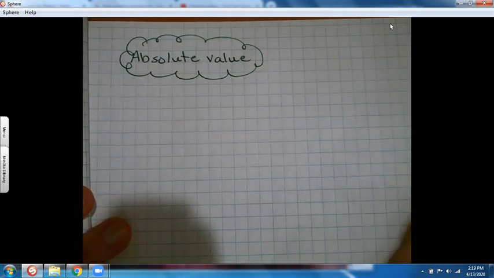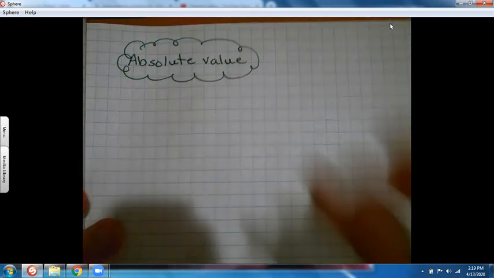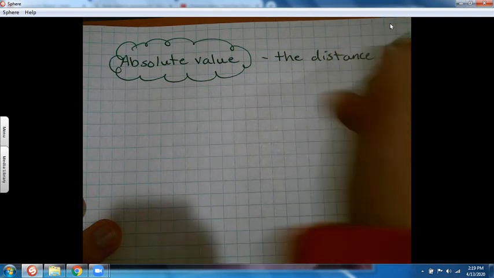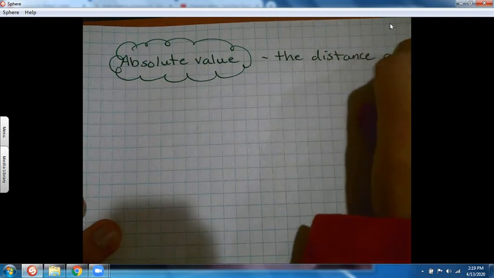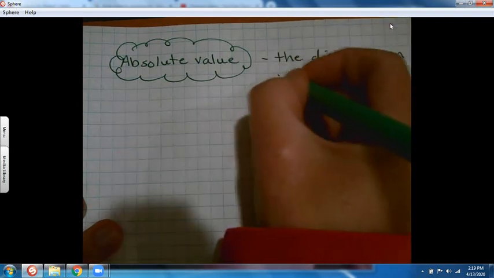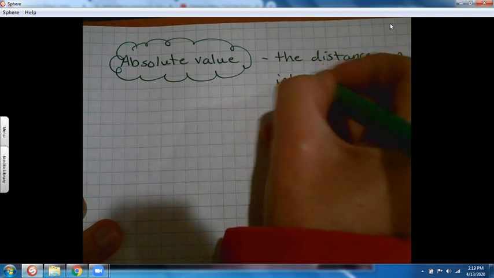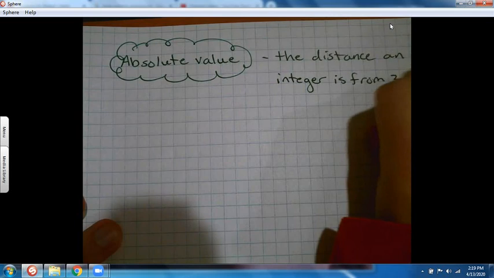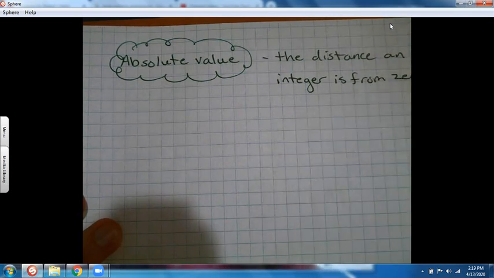They're two different things. This is the distance an integer is from 0. Okay? So it's how far it is from 0.